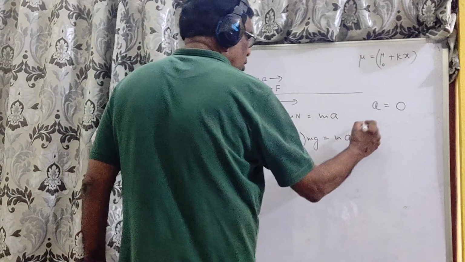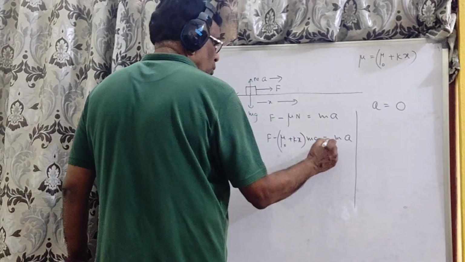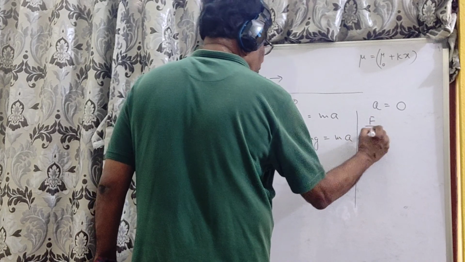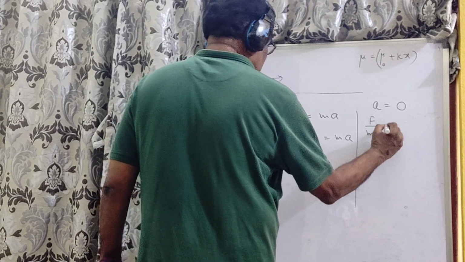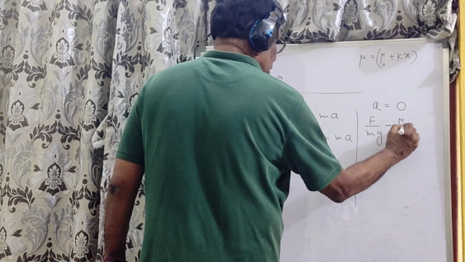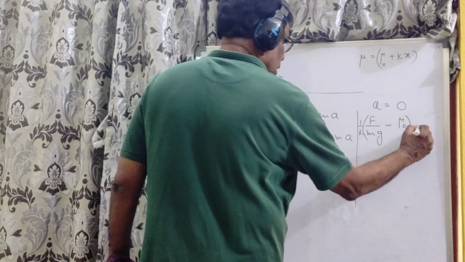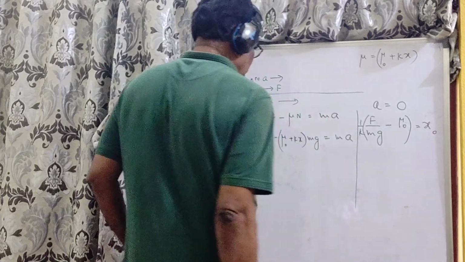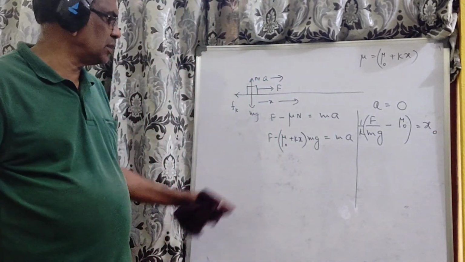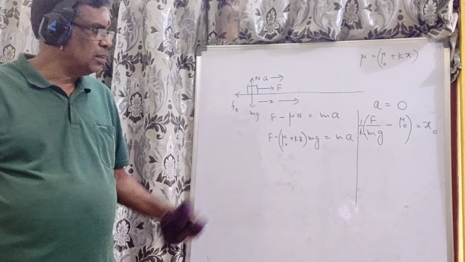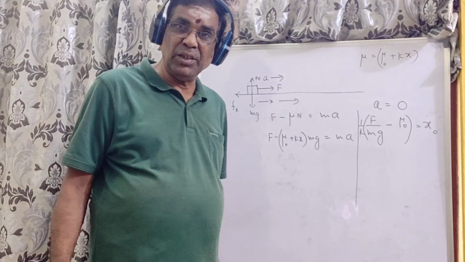If I put A equal to 0, this whole thing is 0, then F by mg minus mu naught, times 1 by k, let that be your x naught.